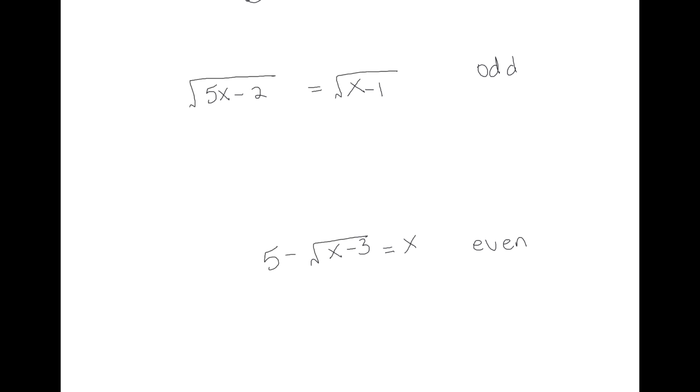You can write on the board, or you can tell me what you want to write, or just explain it, and let's see what you got. Square root of 5x minus 2 equals square root of x minus 1.